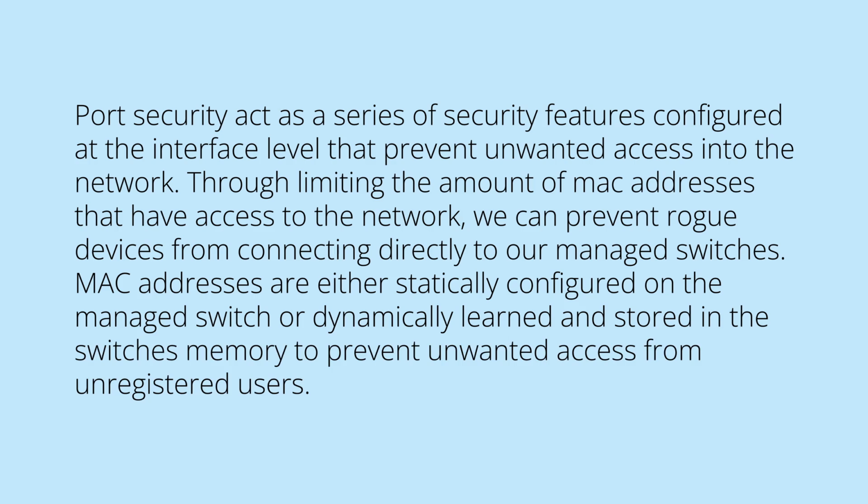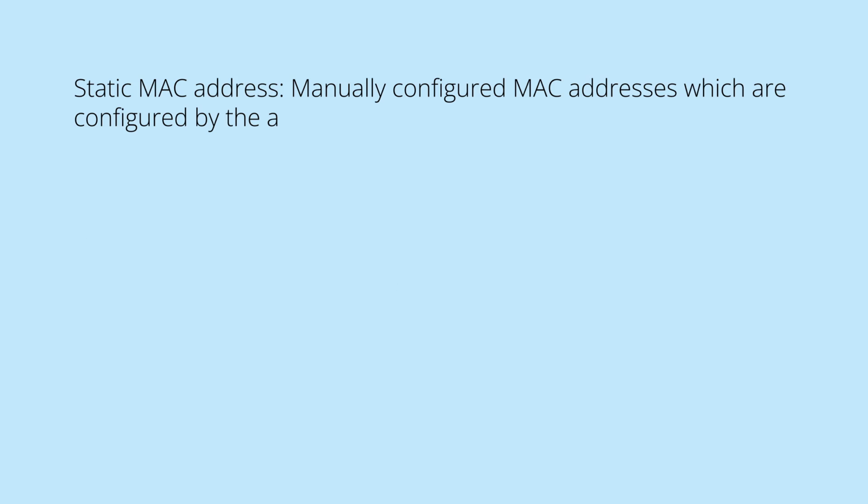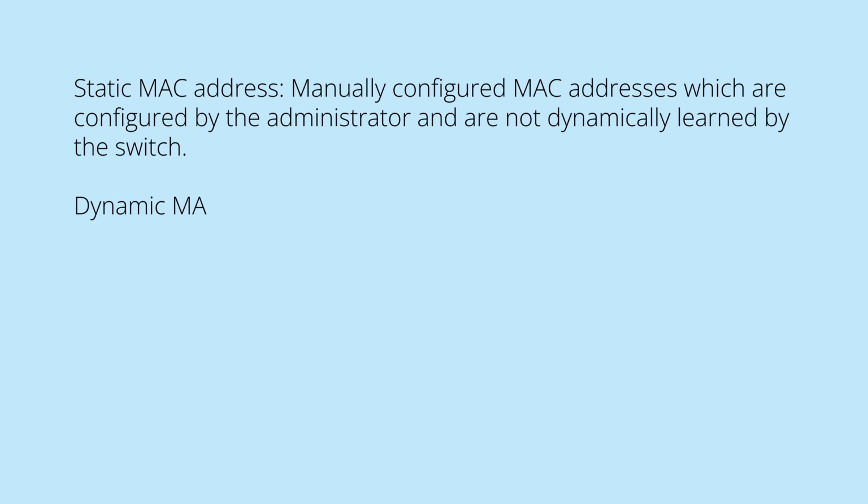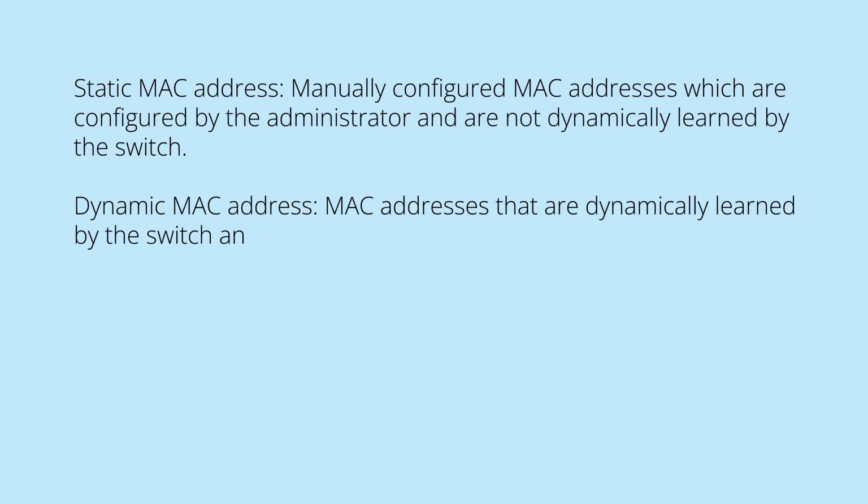There are three types of secure MAC address configurations that we can use to prevent unwanted access on our managed switch. Static MAC addresses, which are manually configured by the administrator and are not dynamically learned by the switch. Dynamic MAC addresses, which are learned dynamically and are stored in the switch's address table.